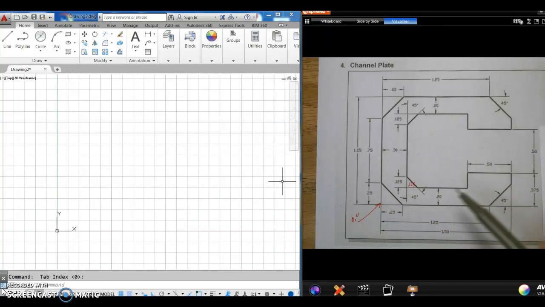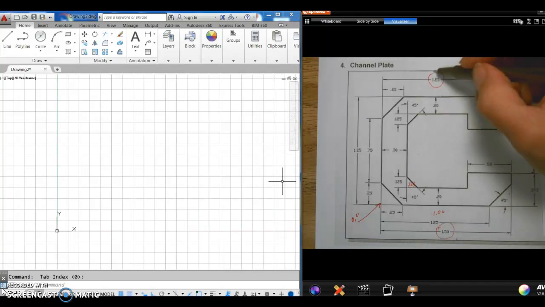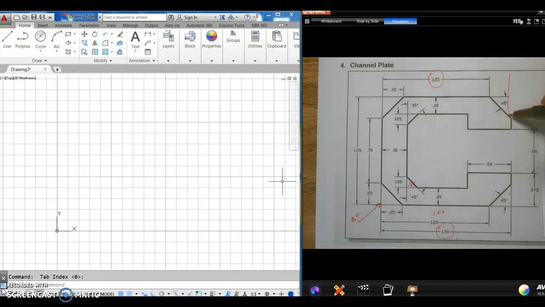A quarter of an inch minus 1.25. That leaves us with 1 inch here. And then this one, if we look at the dimensions here, this is 45 degrees. So I'm going to have to look and do some math here. So this is 1.5 inches down here, 1.5 inches at the top, so that means that this leg right here is 0.25.